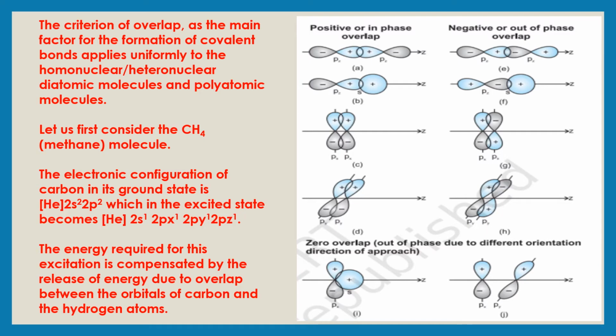Now, the criteria of overlap. You will notice in this particular figure attached here, negative and positive signs everywhere. First of all, it should be very clear to us that these are not charges. These are not charges. So what are they?